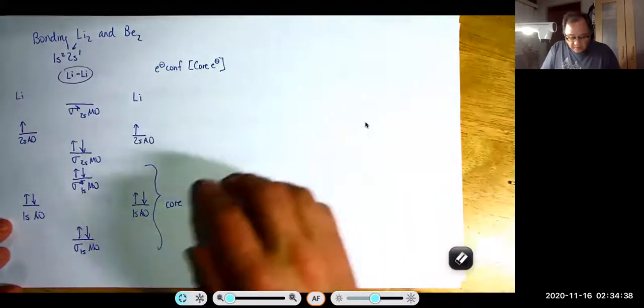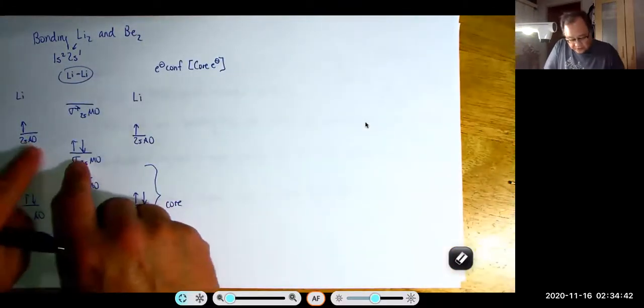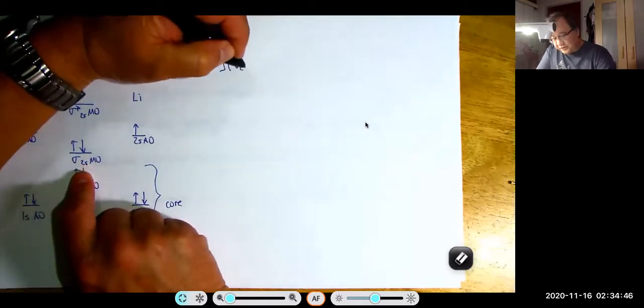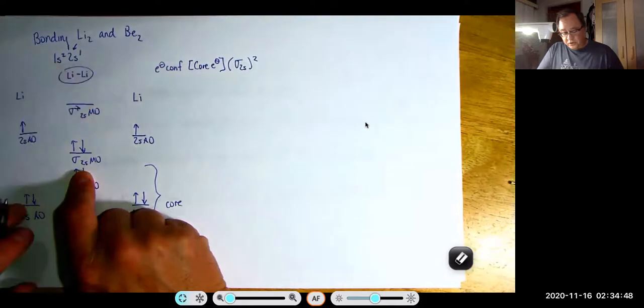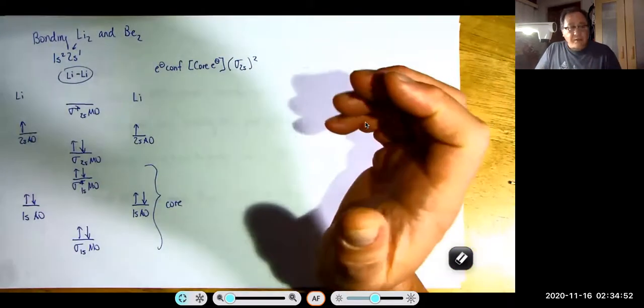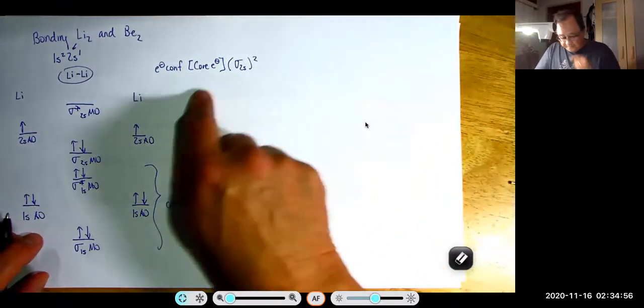So we don't even need to write down the electron configuration of the core electrons, we just want the valence electrons. So here it would be parentheses sigma 2s2. So notice we put parentheses around the molecular orbital and we put the number of electrons on the outside of the parentheses. So this is what we have here.